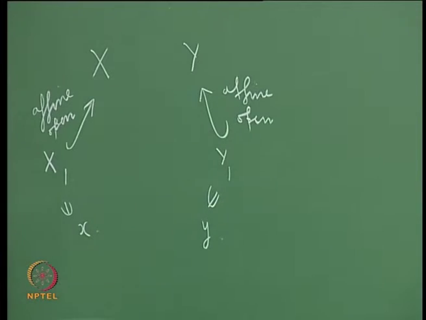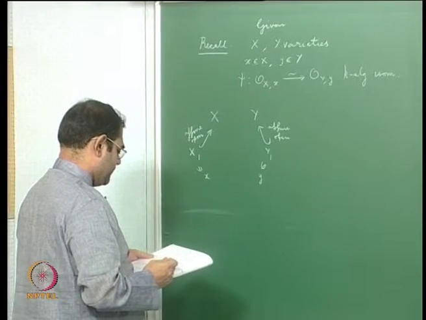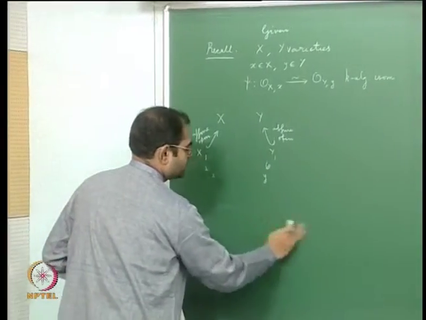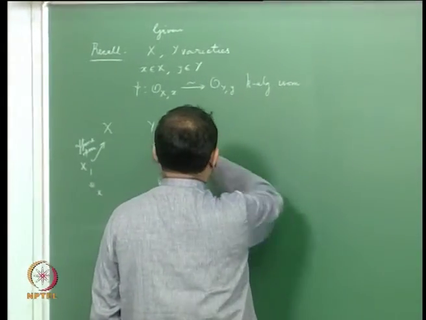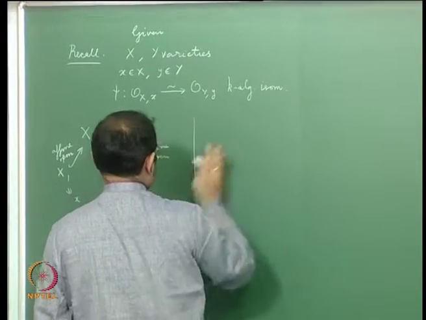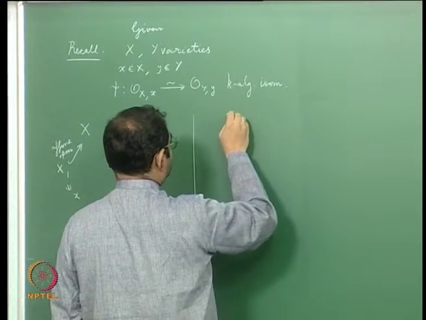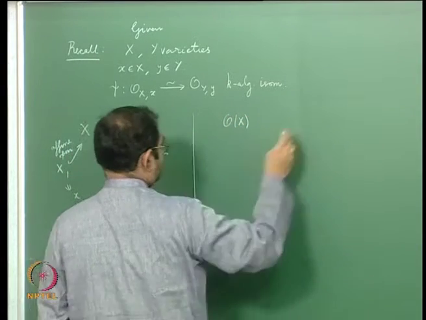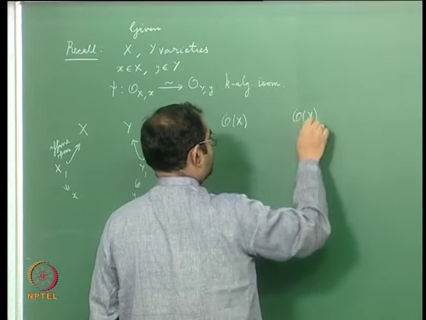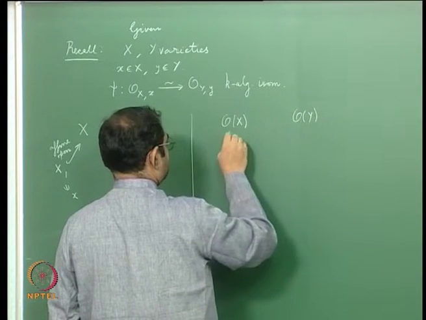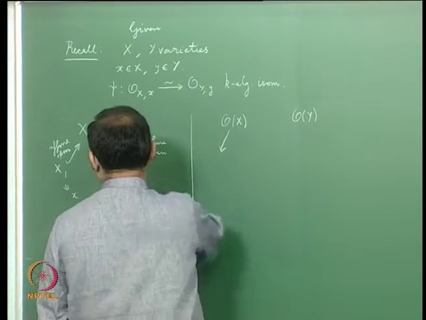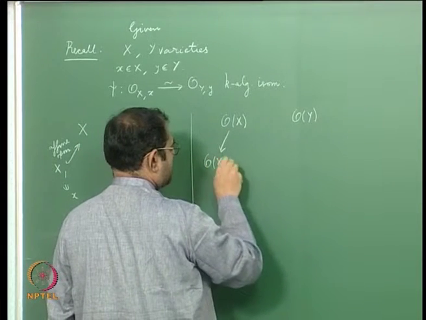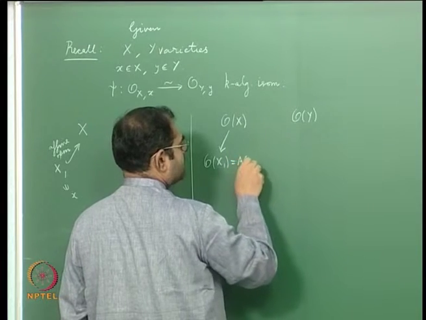Okay, this is the geometric part. If you look at it commutative algebraically, you have O_X here, that corresponds to the regular functions on X. You have O_Y here, and then you have this restriction of regular functions on X to regular functions on X1, so you have O_X1, but that is the same as A(X1).